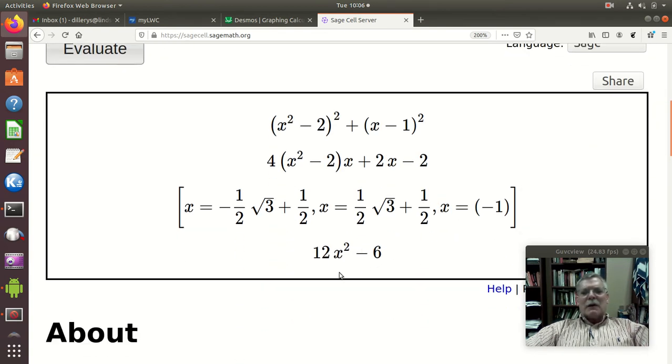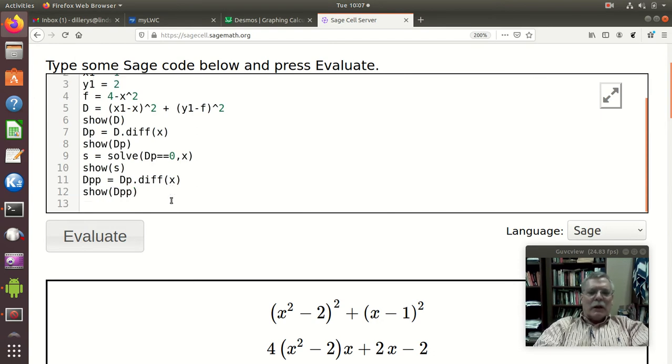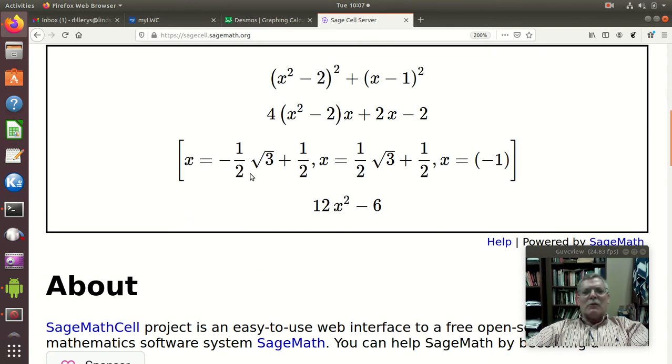Now here, yeah, we do have to get a little fancy. So notice I've got these 3 solutions, but how do I get at them? Well, okay, we'll do a show to show what we're getting here. So I start with S, because that was the solution. Now, notice there are 3 components inside this bracket.